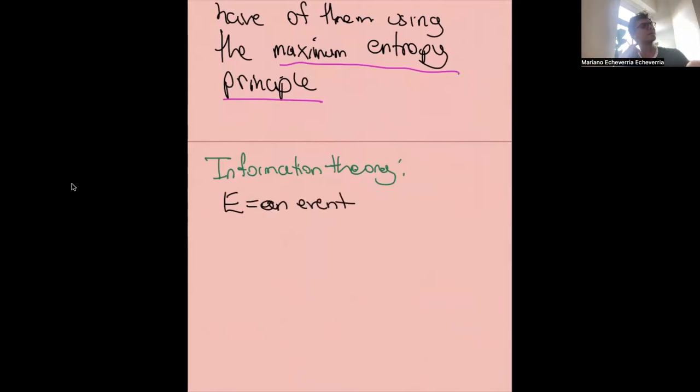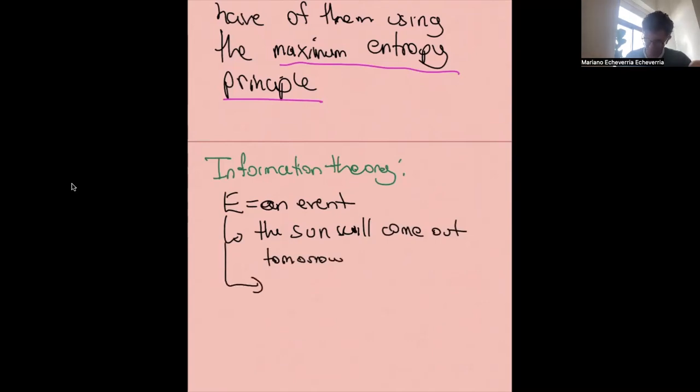E could be, for example, the sun comes out tomorrow, or tomorrow is raining. E could be the Earth won't explode, or the sun will come out tomorrow, or tomorrow it will rain.